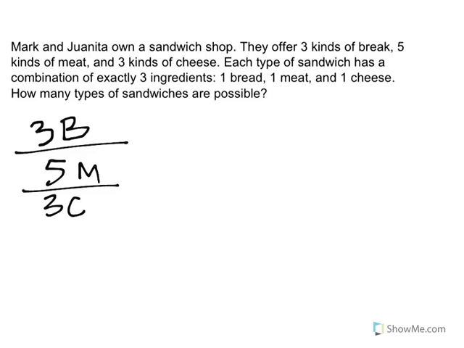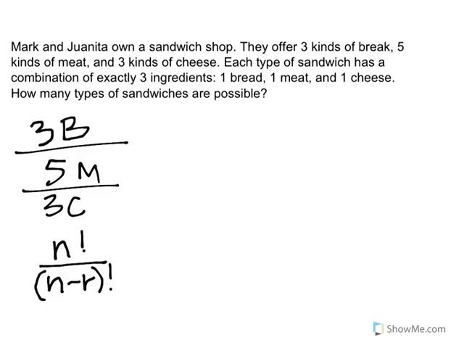Well, we're going to use our combination rule, which is n factorial over n minus r factorial, where n is the number of items and r is the amount of each item.